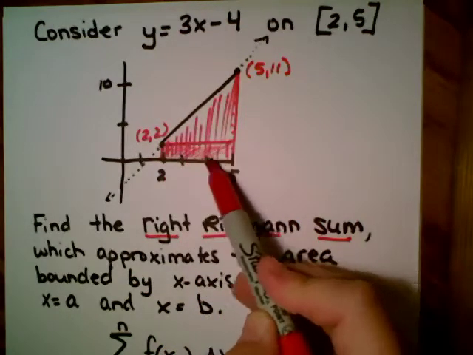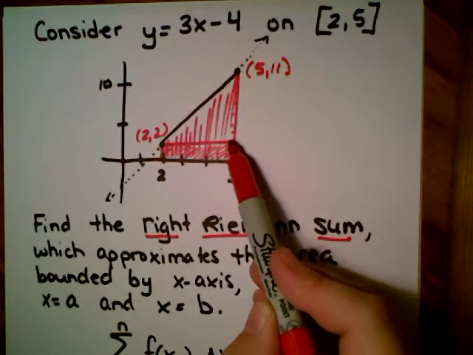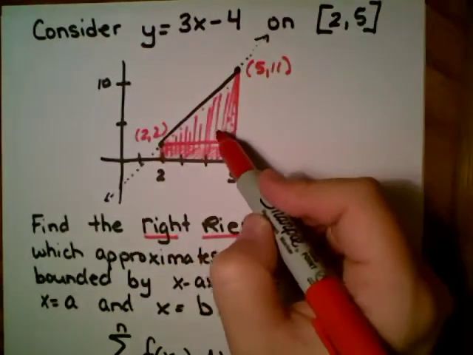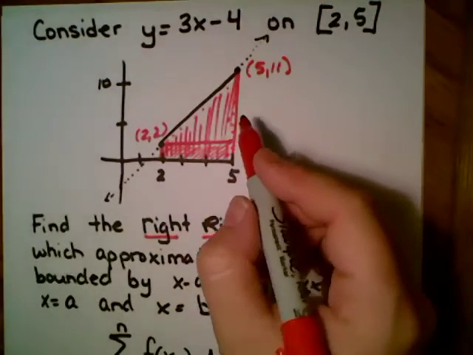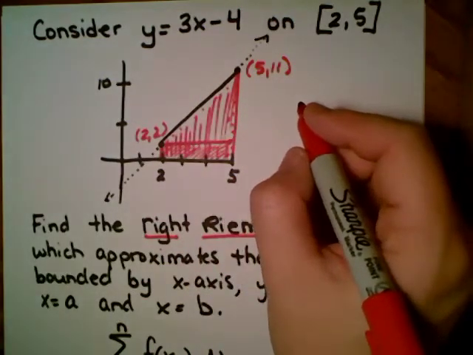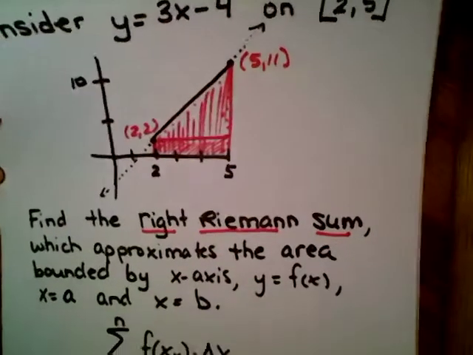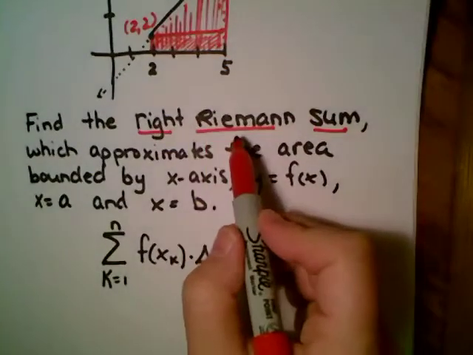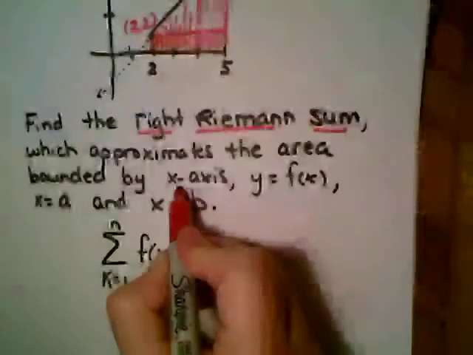We have this area of a rectangle, width 3, height 2, and then we have the area of this leftover triangle with base 3, height 9, and of course the area of that triangle would be 1/2 base times height. Okay.